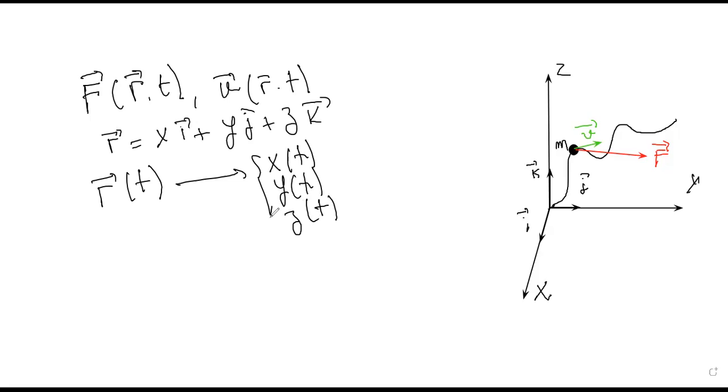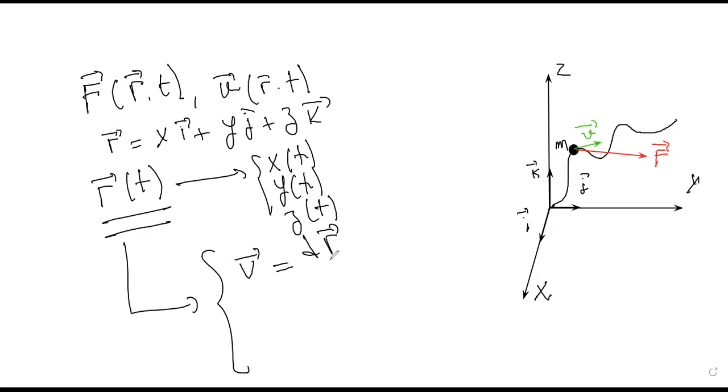Once we know this quantity, we can determine the velocity of our particle, which is defined as the derivative of the position with respect to the time. We can also determine the momentum of our particle, which is defined by the mass times the velocity.